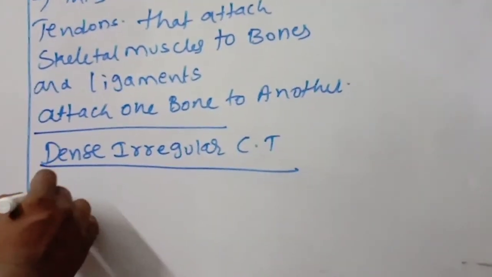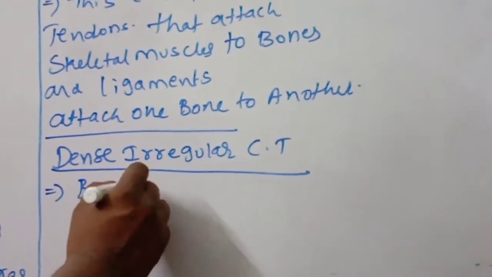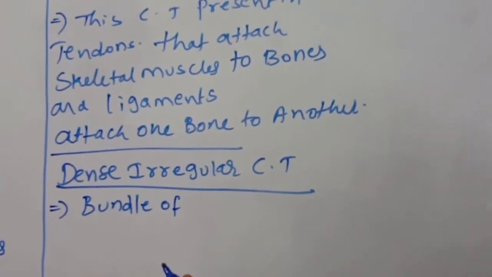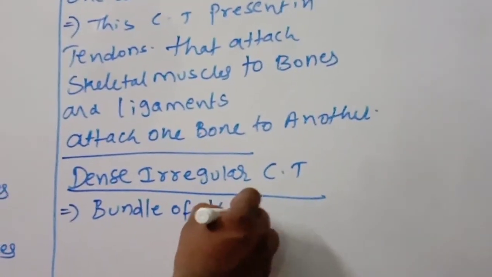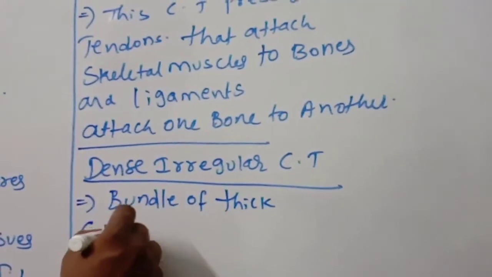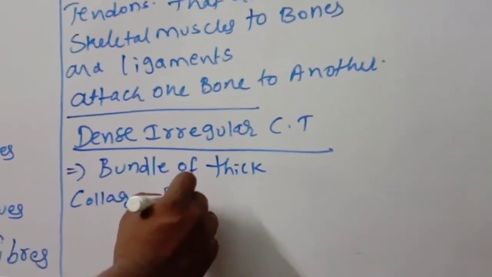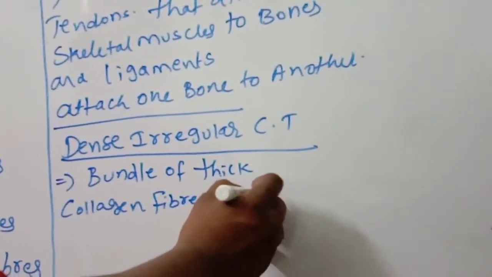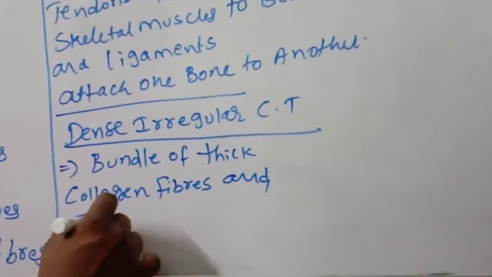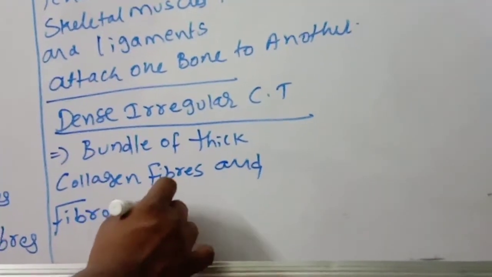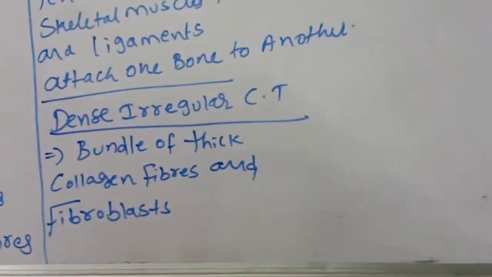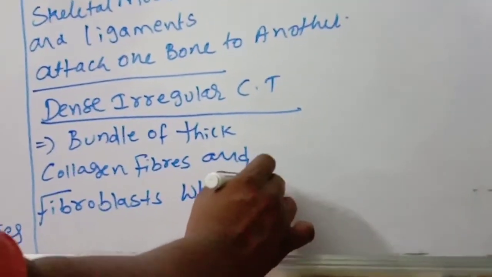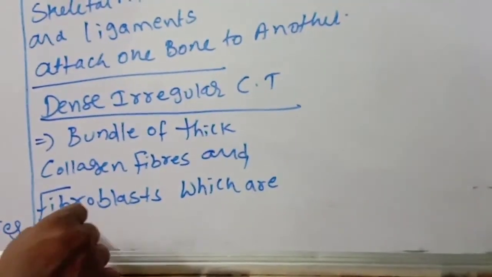A bundle of dense irregular connective tissue has a bundle of thick collagen fibers and fibroblasts, which are arranged irregularly.